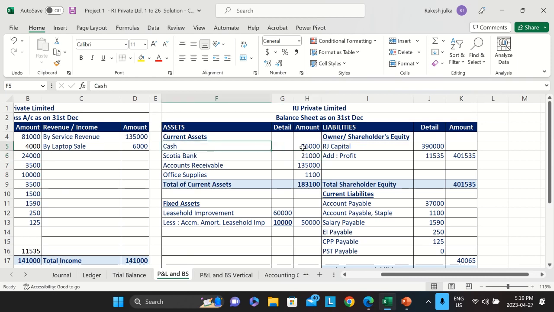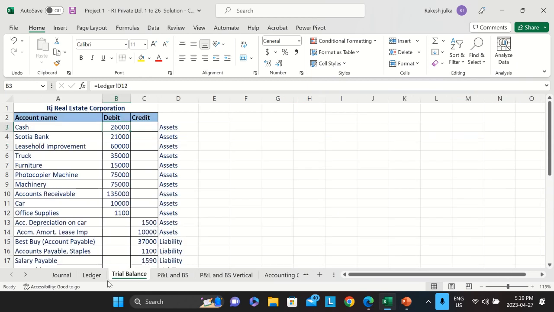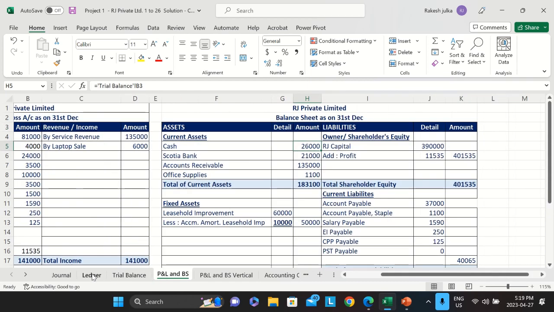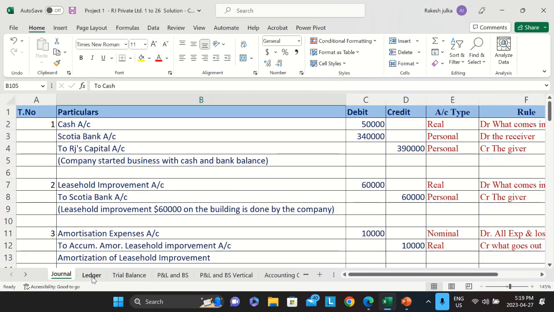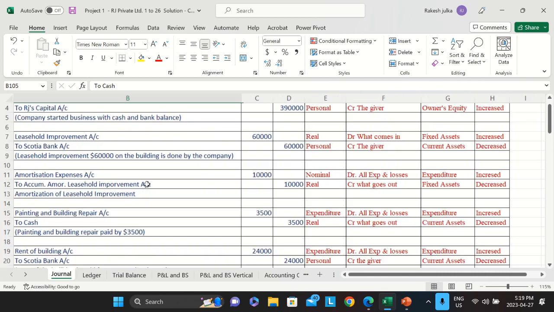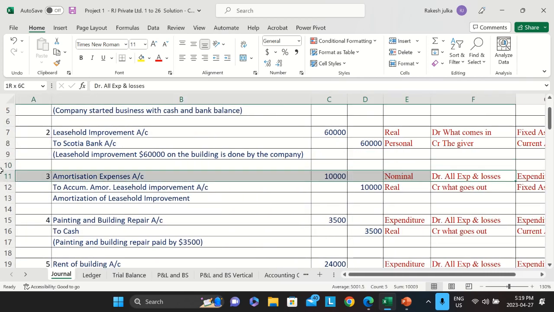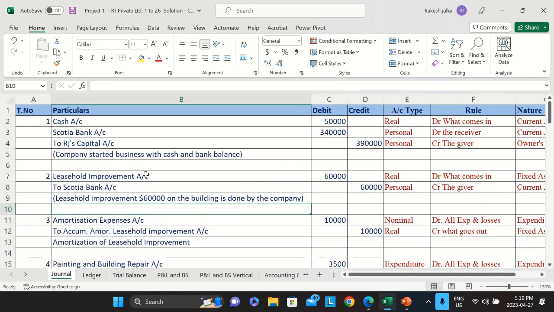And the same, the cash account is here, $26,000. Exactly the same thing from the trial balance to the profit and loss account. So this is how we can interpret it and evaluate whether everything is correctly done or not, right? This is the beauty of Microsoft Excel, as I have completed all the most important transactions that we use in accounting.